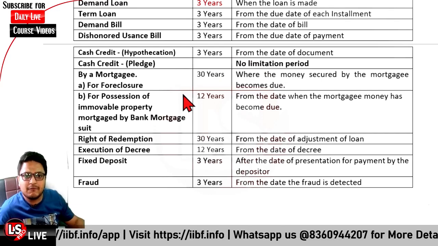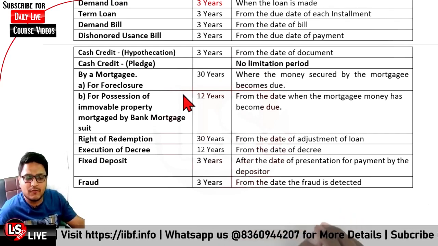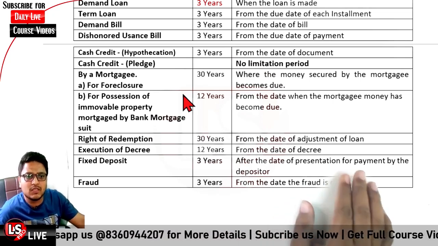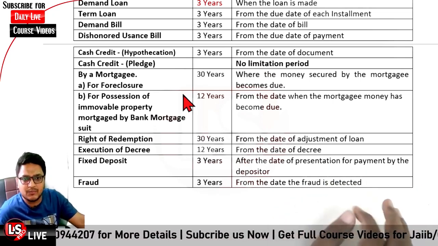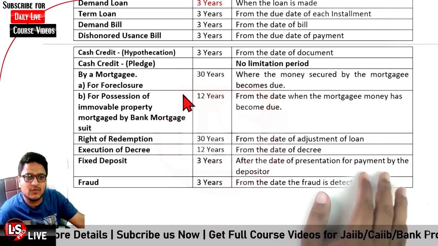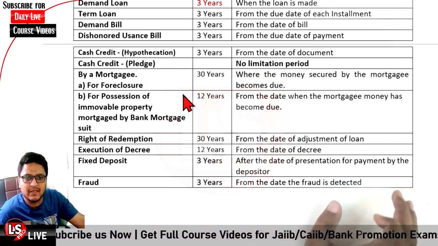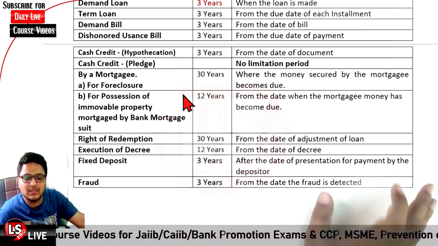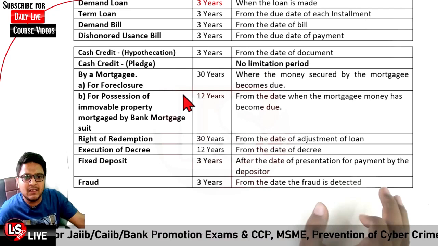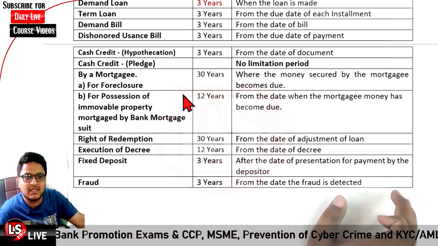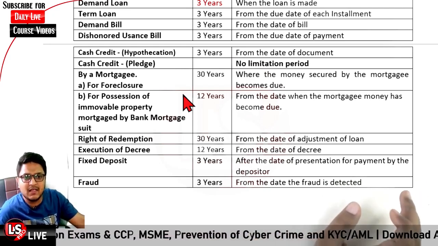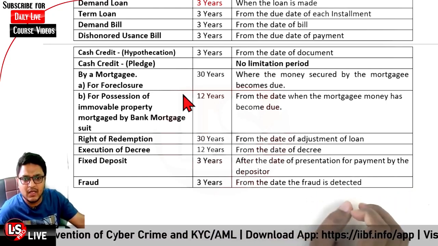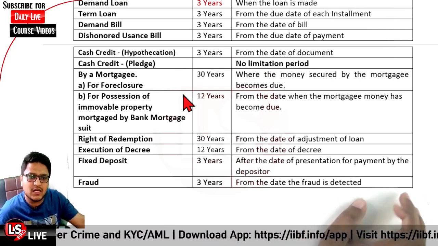Then regarding fixed deposit, it is 3 years after the date of presentation for payment by the depositor. If the payment is not made when the FDR is presented for payment, the case can be filed within a period of 3 years. In case of fraud, it is 3 years from the date the fraud is detected.